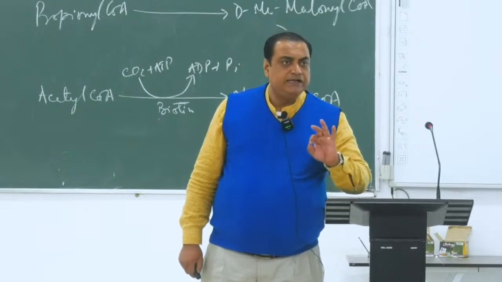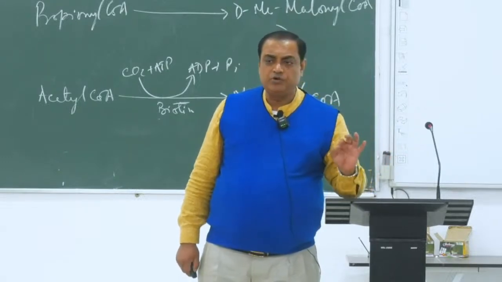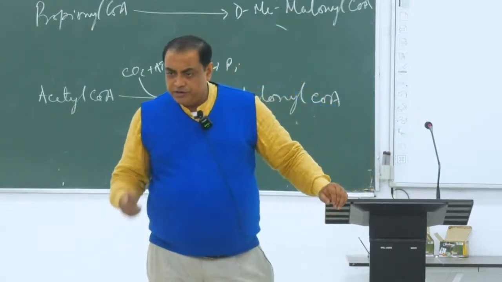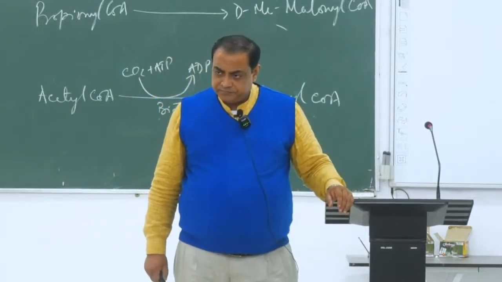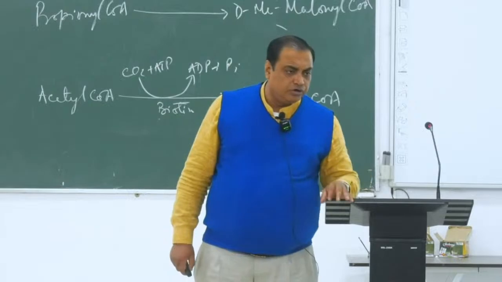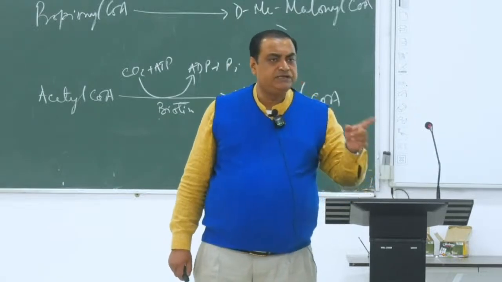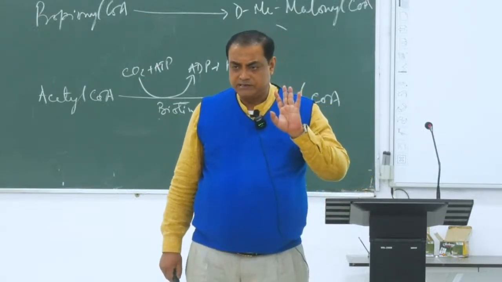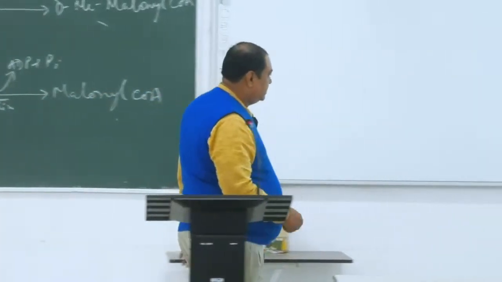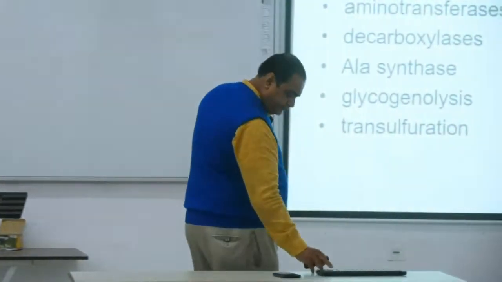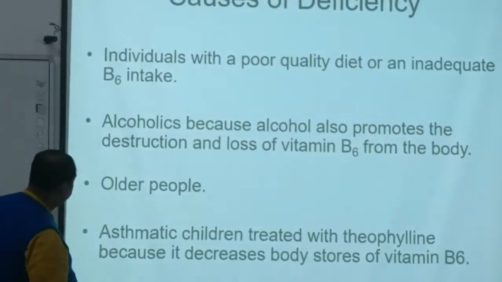The process depletes the B6 store in the body, so we need to take more B6 through diet. If we fail to do so, then B6 deficiency takes place. Correct? So that is ALA synthetase. We'll come to that.